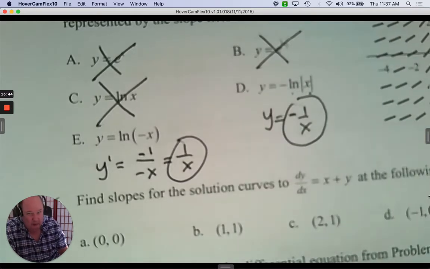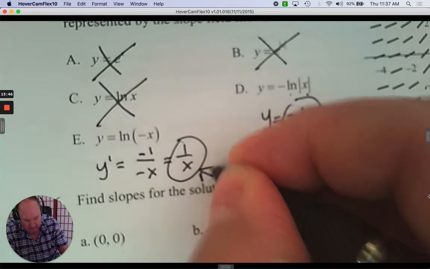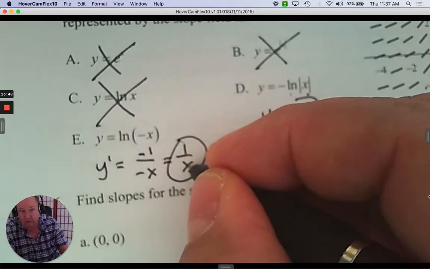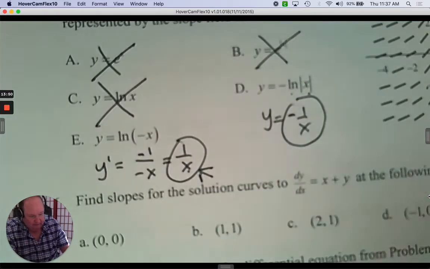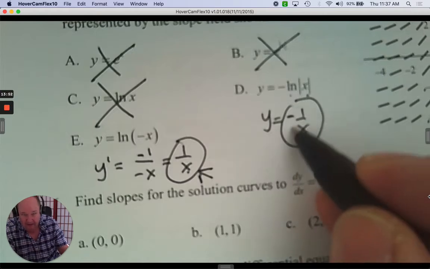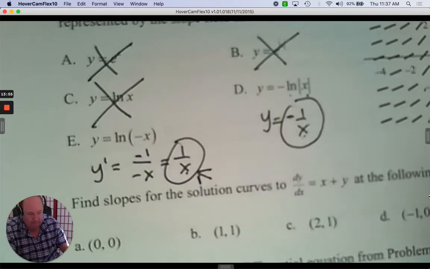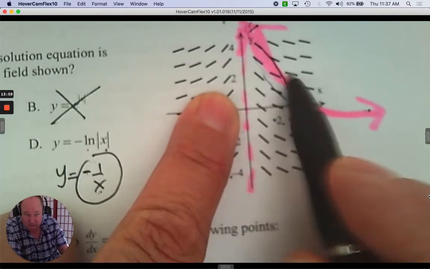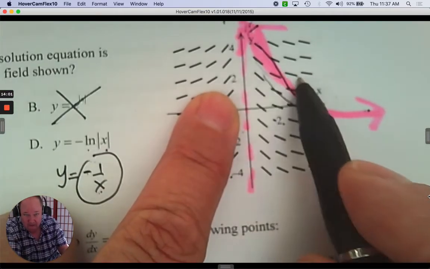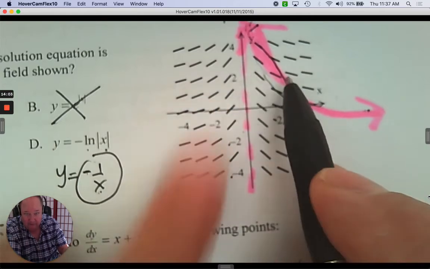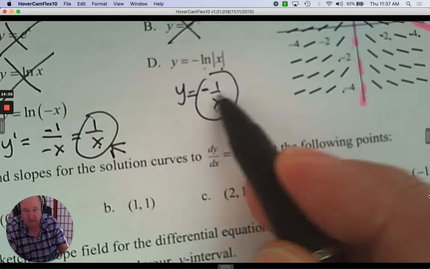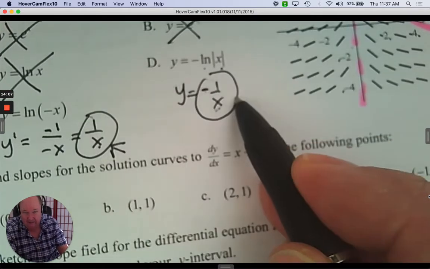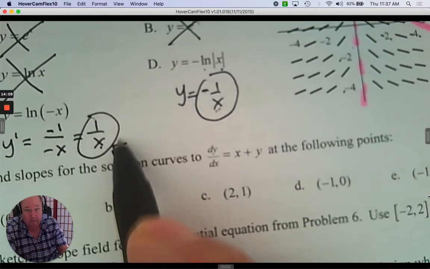So how does that help me? If I put in a positive x coordinate, the slope should be positive. And if I put in a positive x coordinate, the slope should be negative. Well, look here. On the positive x side, the ones on the right, are these slopes negative or positive?